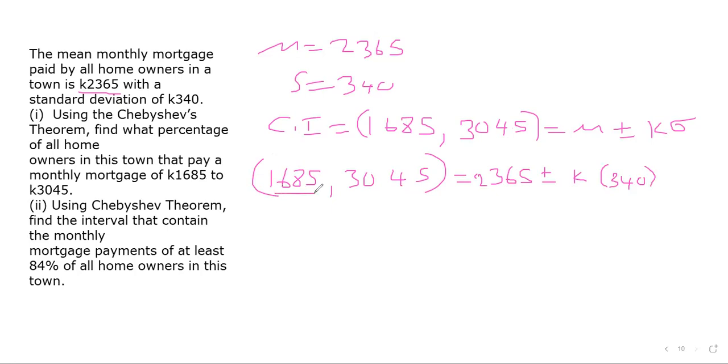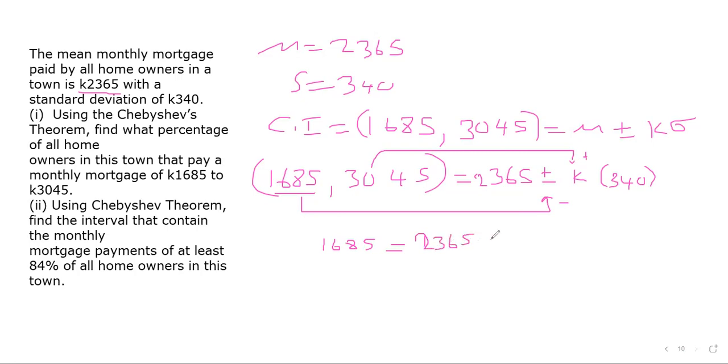The negative sign and the bigger positive sign, I like the negative sign for myself. You don't need to do both. So this is equal to 2365 minus K times 340. When this comes out, it will be positive.